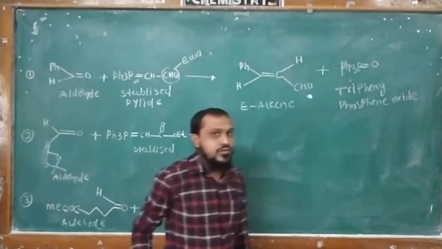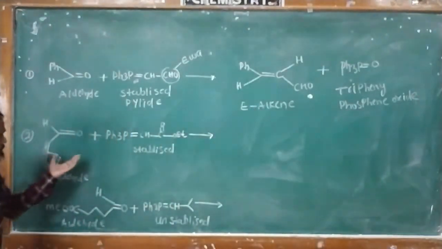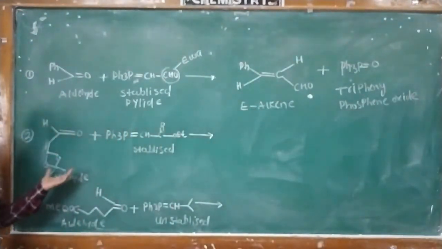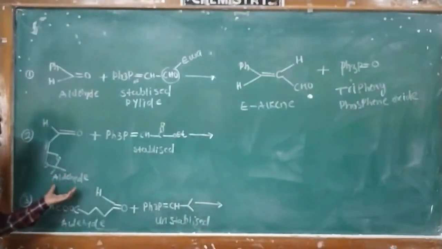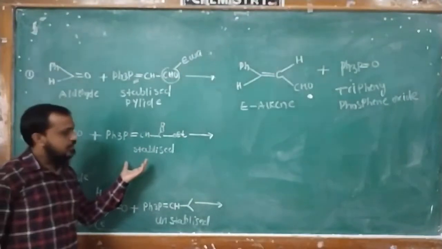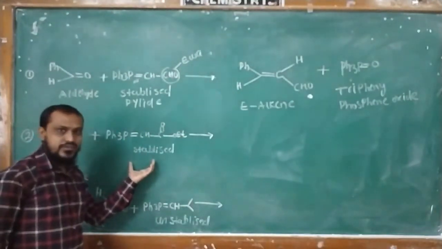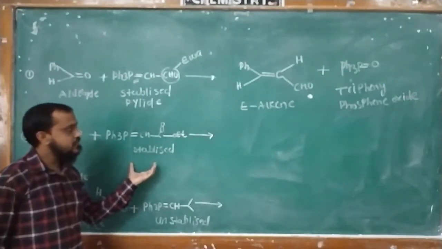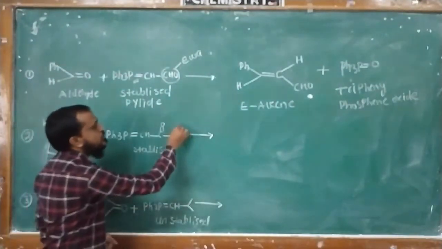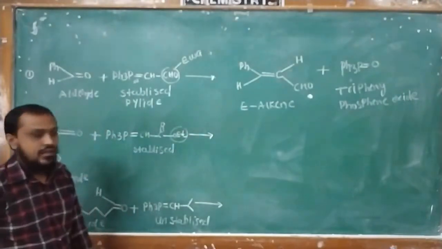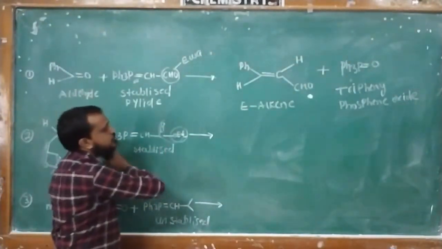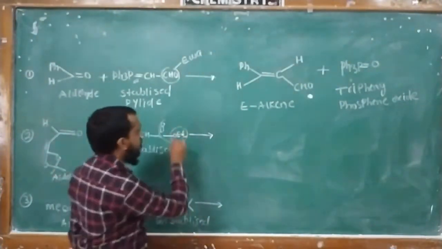Now let's see the second example. In the second example, I have taken this type of aldehyde, and the other reactant is a stabilized phosphorus ylide. It is also a stabilized phosphorus ylide because an OEt group is present, and this group is electron withdrawing.